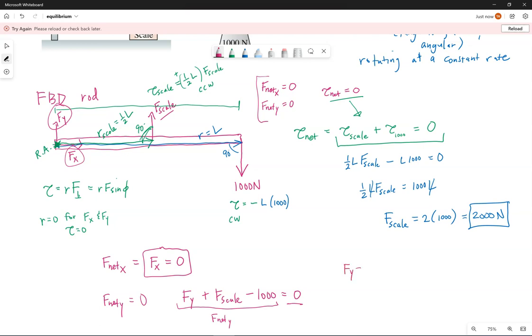So we find that Fy is the 1,000 minus the force of the scale, which we've already calculated needs to be 2,000. So we find that Fy is negative 1,000. What that means, coming back to my picture, is I drew it in the wrong direction. The pin pulls down. So I was just wrong in my direction with a force of 1,000 newtons.